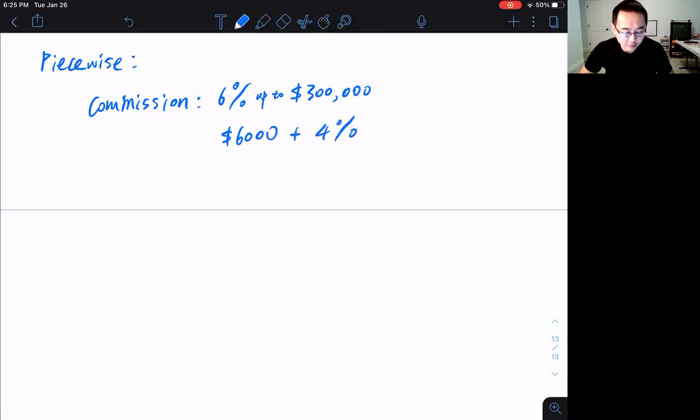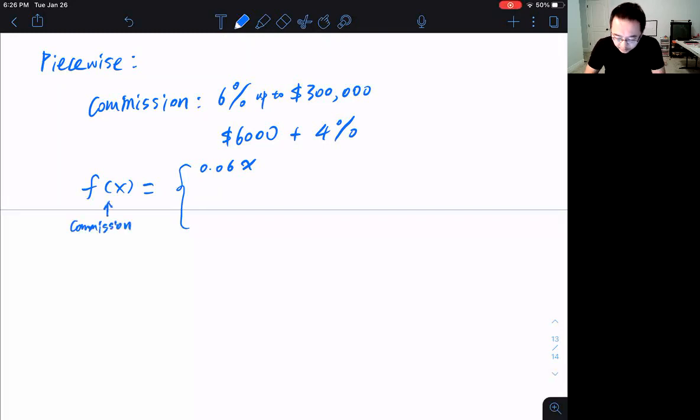Now, if I were to ask you, what is the function for your commission structure, you would say, my function for my commission is f of x equals 6%, which is 0.06 times x. Here x is the value of the sale, and f of x is your commission.